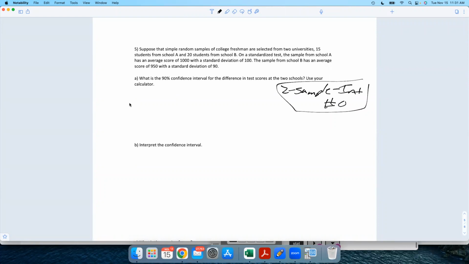All right, first thing we do is define our variable. Let mu be the mean. What are we talking about here? Score on the standardized test. All right, we have our two different groups. I'm going to need some space here.